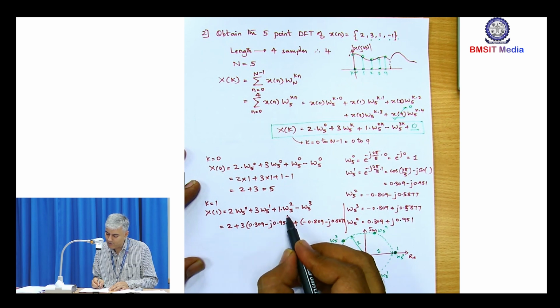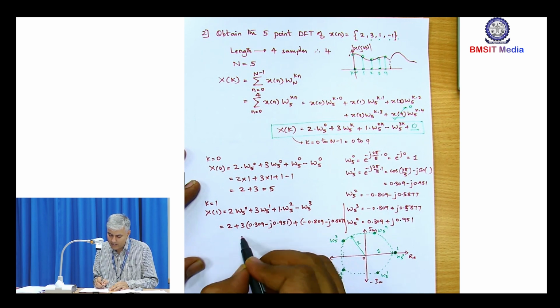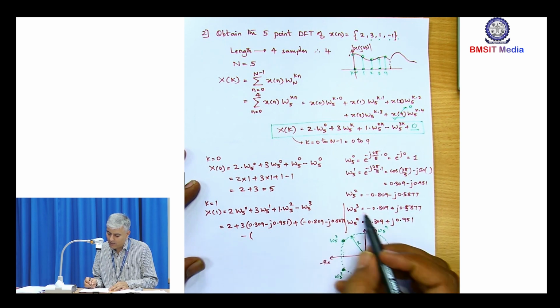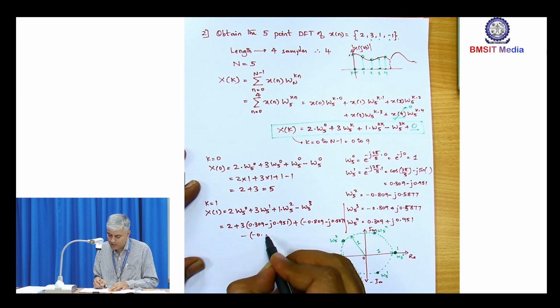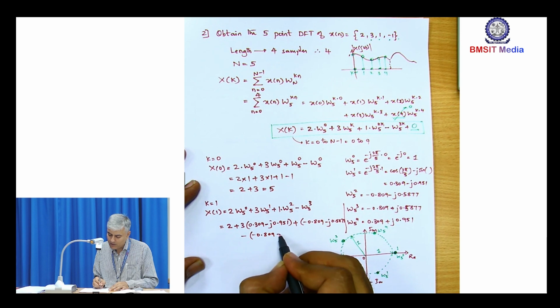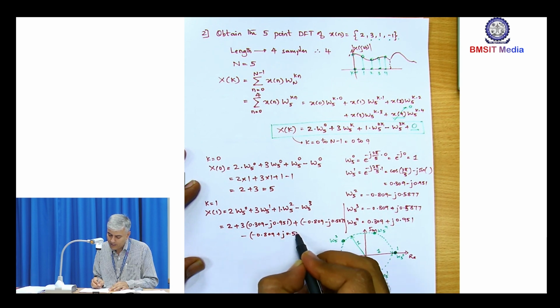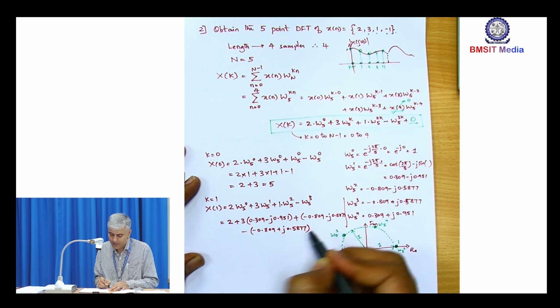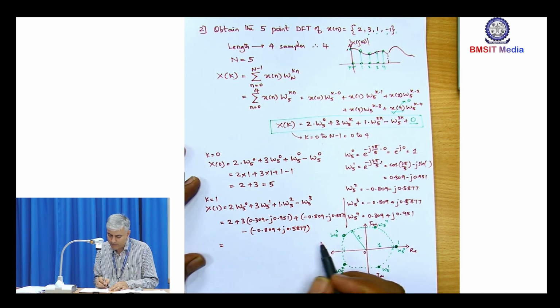This is w5 raised to 2, minus w5 raised to 3. w5 raised to 3 is minus 0.809 plus j 0.5877. Okay, so you can simplify this.